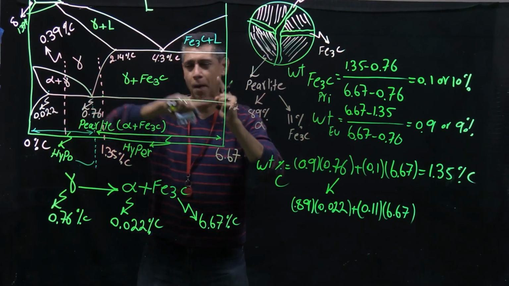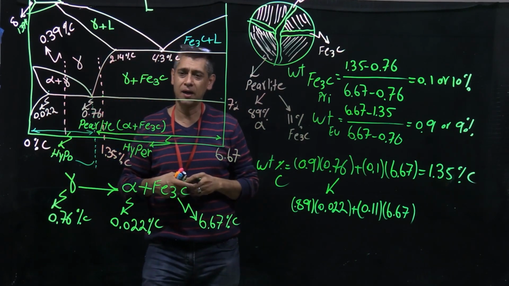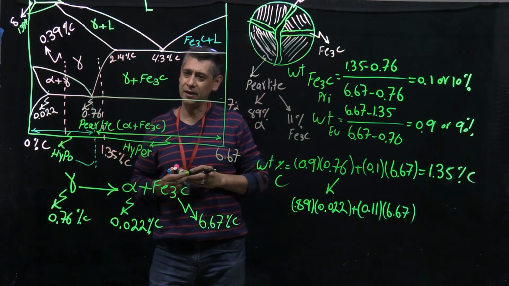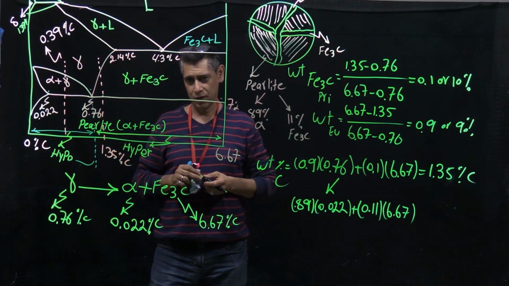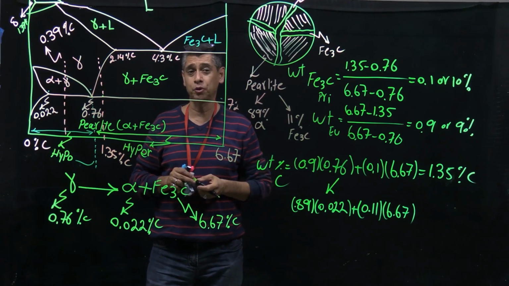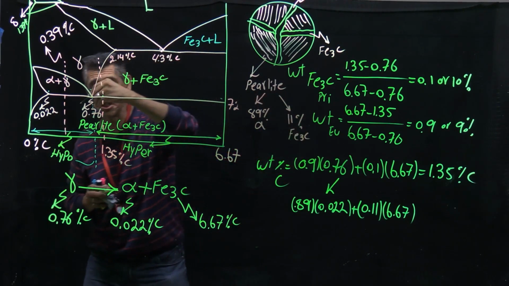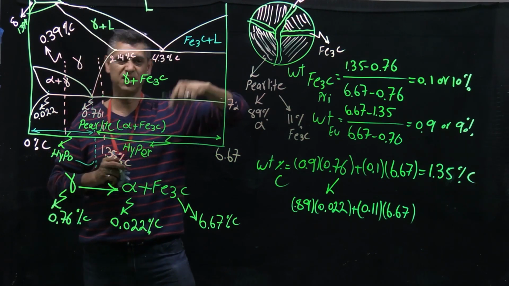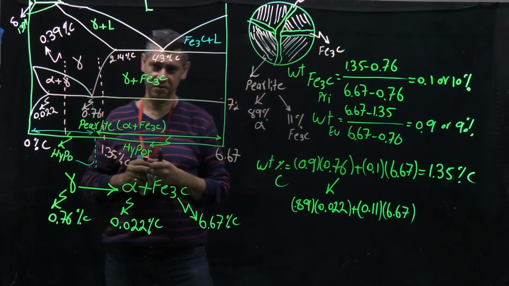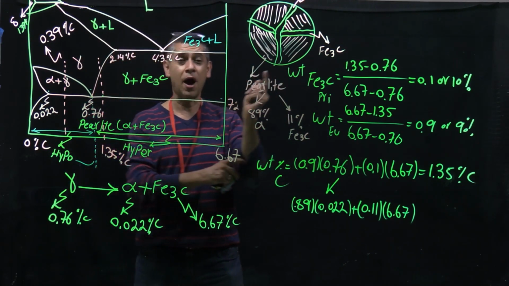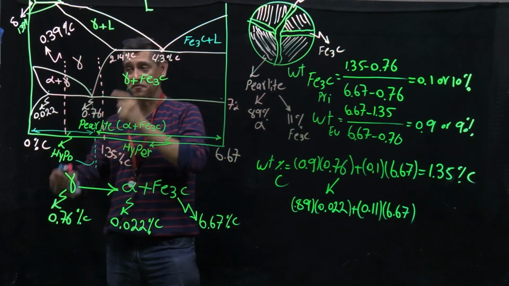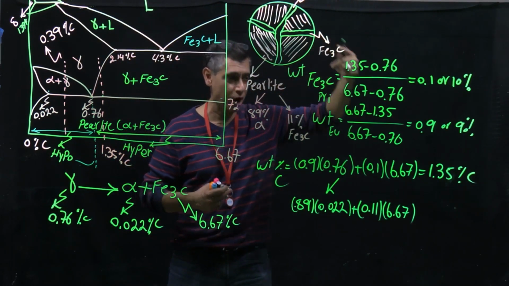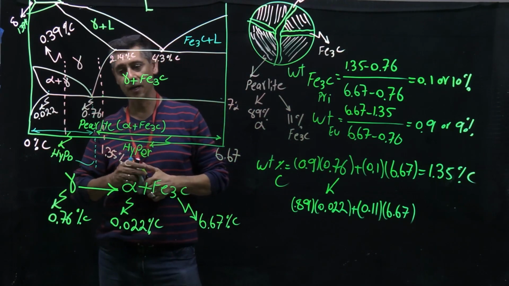That's exactly the opposite of what we said regarding a hypoeutectoid. In hypoeutectoid, by decreasing the carbon, the phase with less carbon is increased, which is primary phase. In hyper, by increasing the carbon, the phase with more carbon, which is primary phase, is going to be increased.